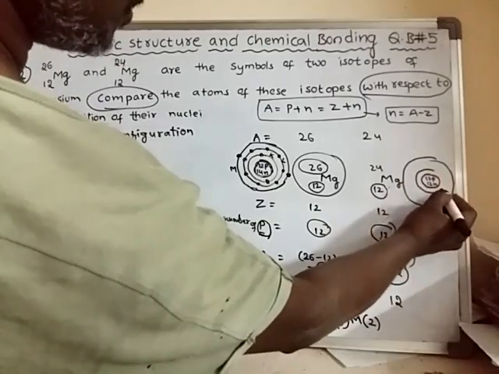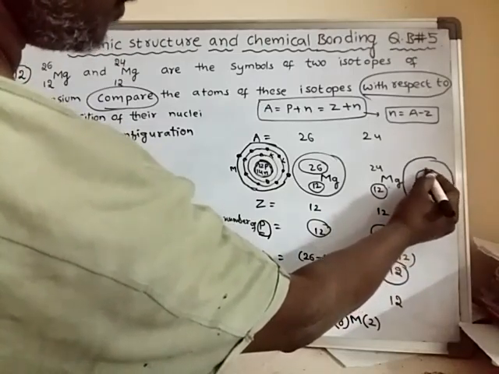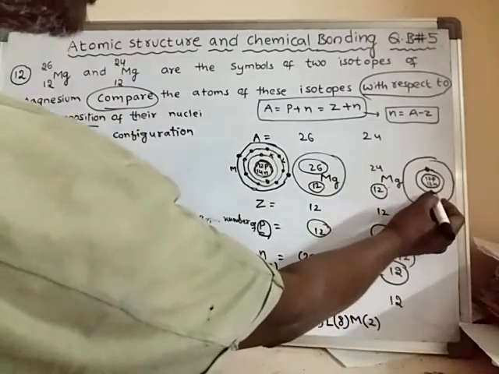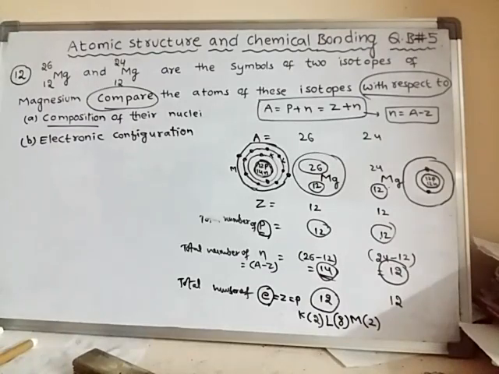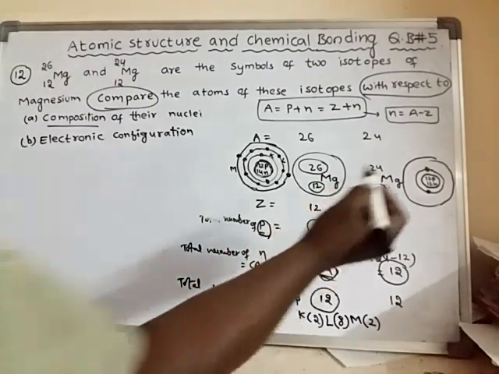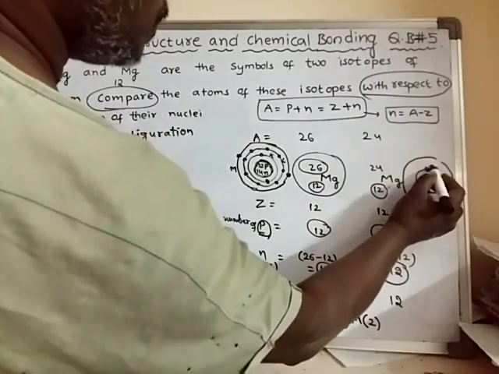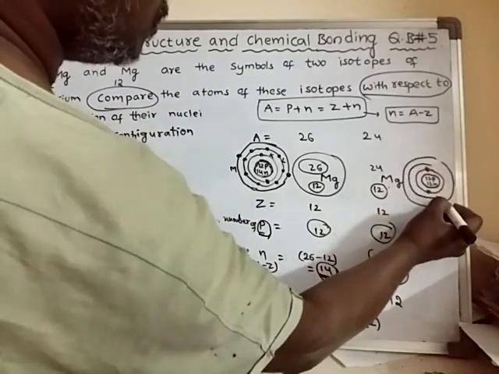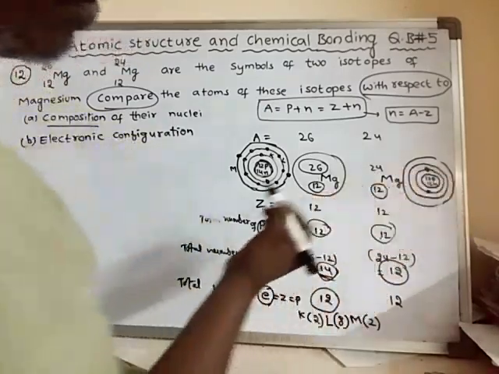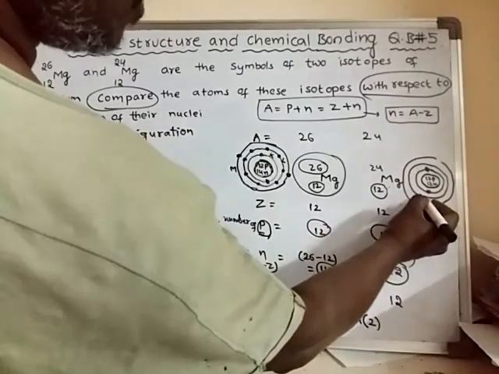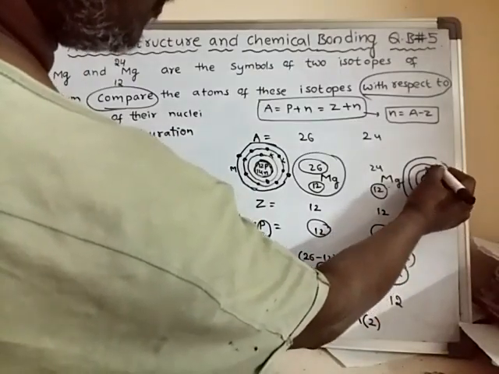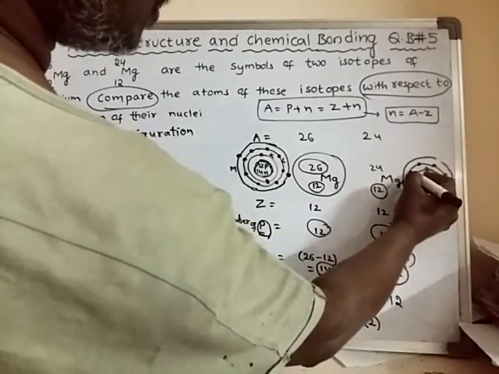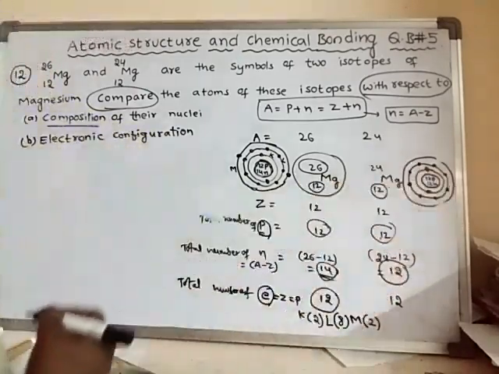If this is the first orbit, maximum we can put only 2 electrons. We cannot put a third electron in the first orbit. The second orbit can contain a maximum of 8 electrons only: 1, 2, 3, 4, 5, 6, 7, 8.